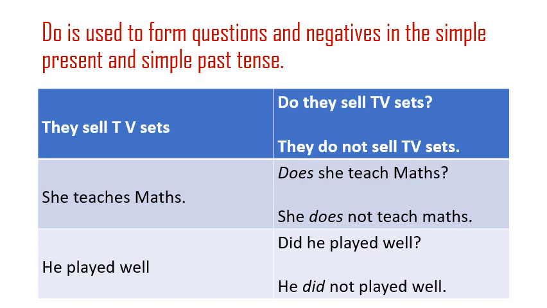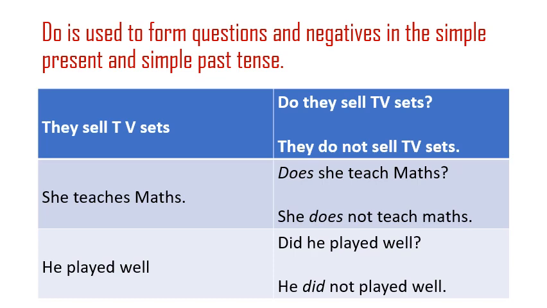It's a statement in present tense. And we add do to make a question. The auxiliary verb do, does. This changes the statement into a question with the help of the auxiliary verb do.